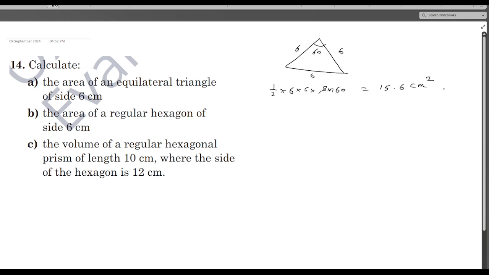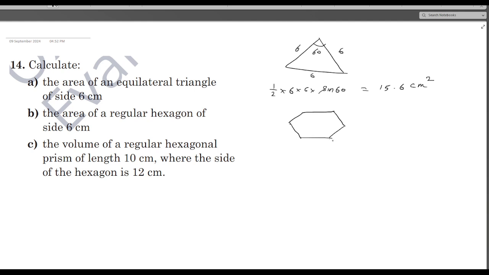Next, the area of regular hexagon of side 6 centimeter. Now if you consider hexagon, this is how the hexagon is. This is not the perfect regular hexagon.